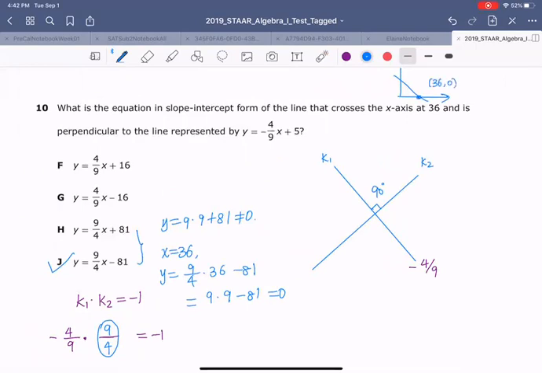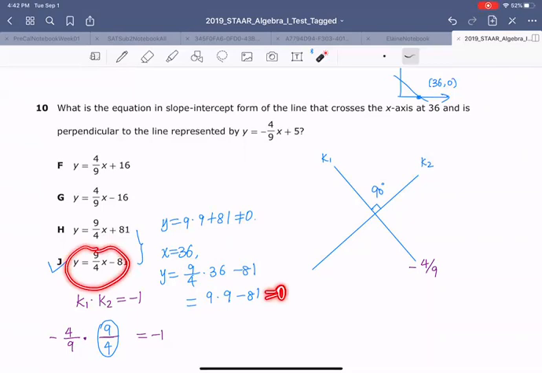So you want to check whichever passes through 36, 0. You plug in x equals 36. When x goes to 36, you try here, 9/4 times 36. So this is 1, this is 9. 9 times 9 is 81. 81 minus 81 equals 0.